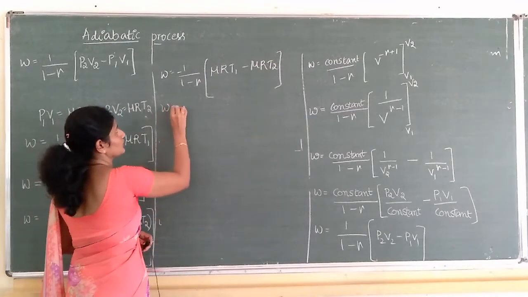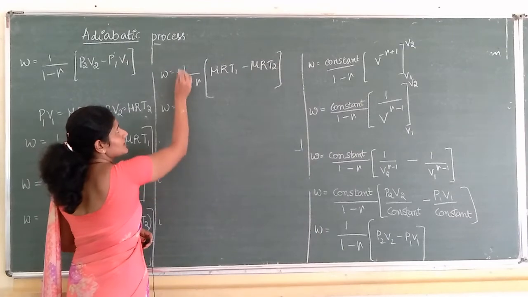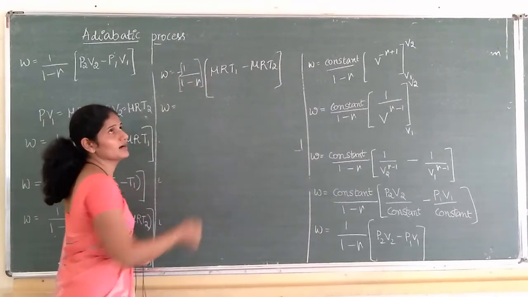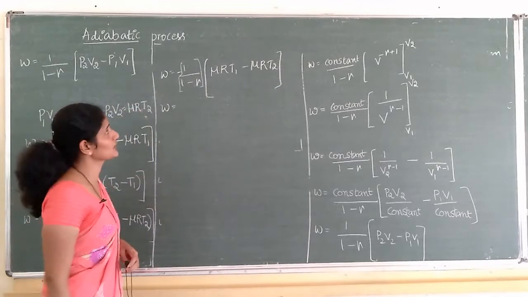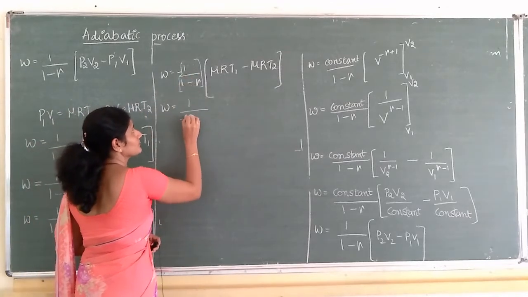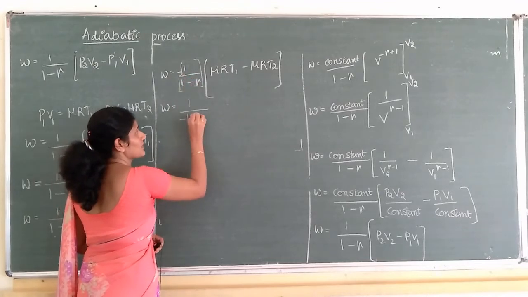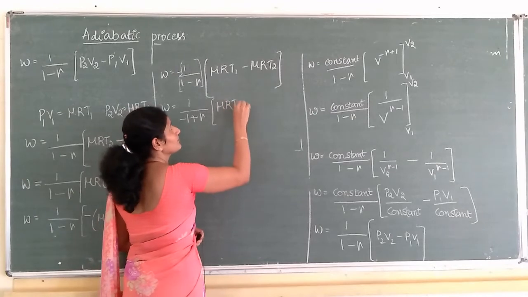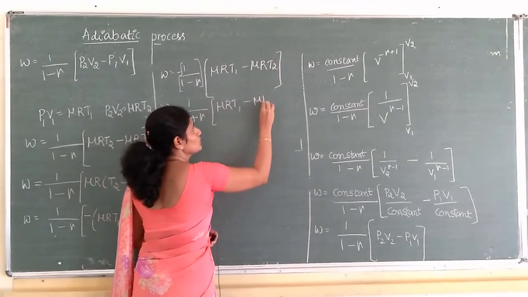So W is equal to minus, I will multiply this 1 by 1 minus gamma with that negative symbol. So I get 1 by minus 1, minus into minus plus gamma, into mu r T1 minus mu r T2.